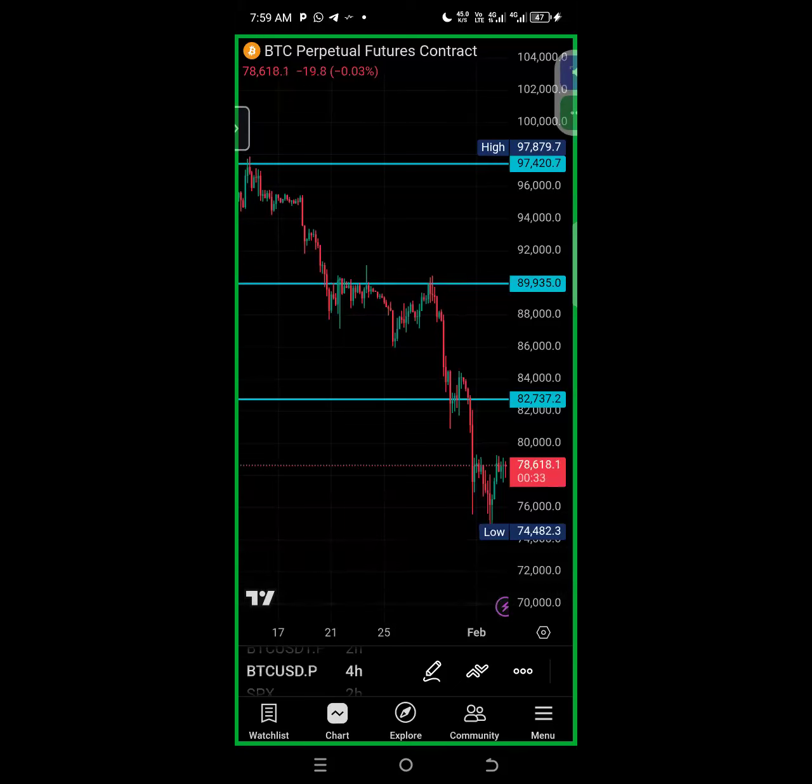When you critically look at this chart, what formation will you conclude it to be? What will be your conclusion?